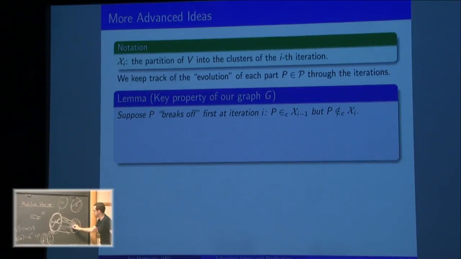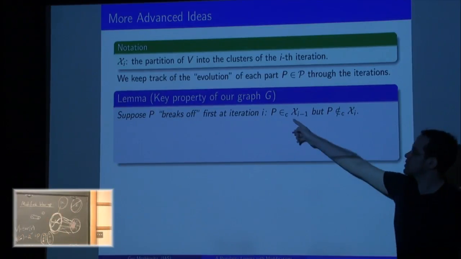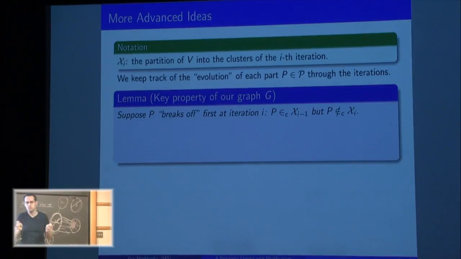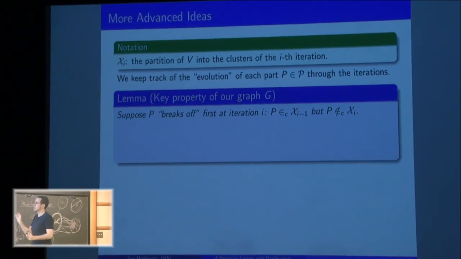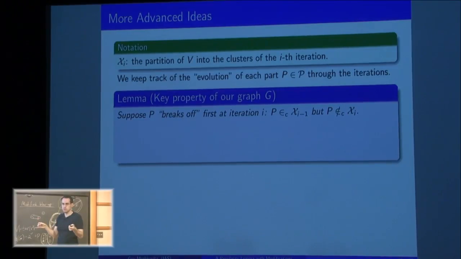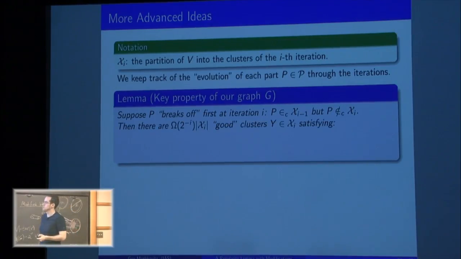Maybe it has some vertices elsewhere, but mostly contained meaning that the number of vertices outside the main part is at most C times the size of P. But this is no longer true for the refined partition Xi. Now outside of the main part that contains P, you have more than a C fraction of P. Potentially, there's no one part in which P is contained. Potentially, P is completely shattered.